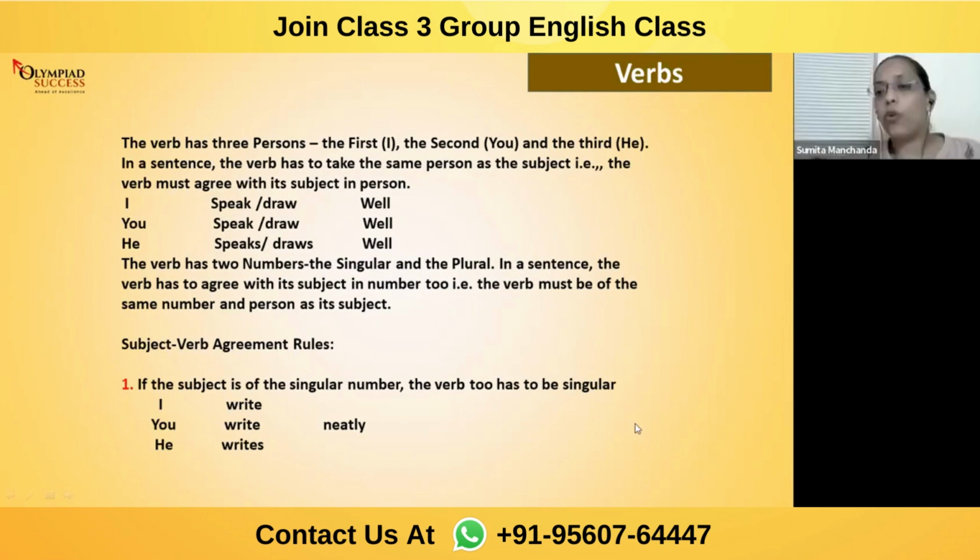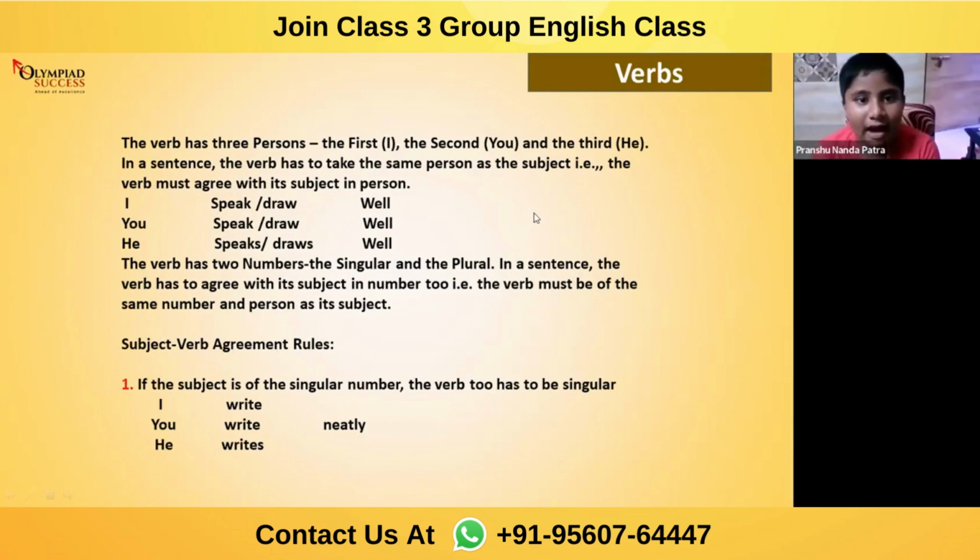Now, who can explain whatever I tried to explain? Stuti? Yeah, Pranshu. You told that our first rule is that if our subject is singular, then our verb should also be singular, and if our subject is plural, then our verb should also be plural.